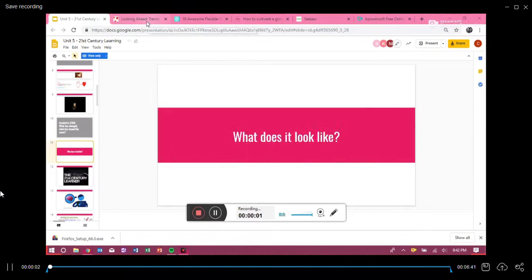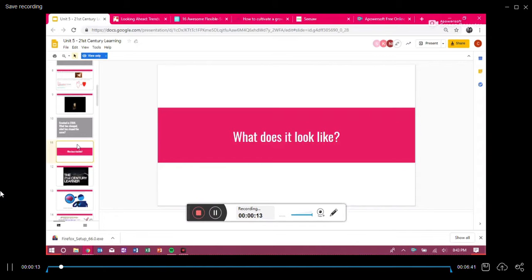Alright, so one thing to look at and pay attention to when looking at technology integration in a classroom is what it can look like. There are many different forms of technology integration in 21st century learning.